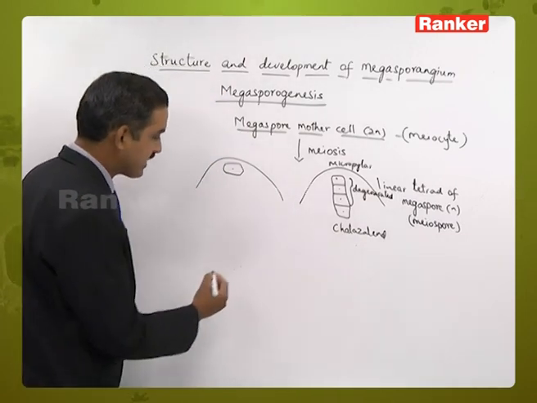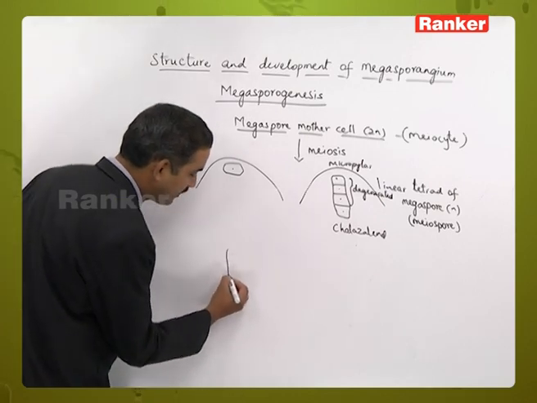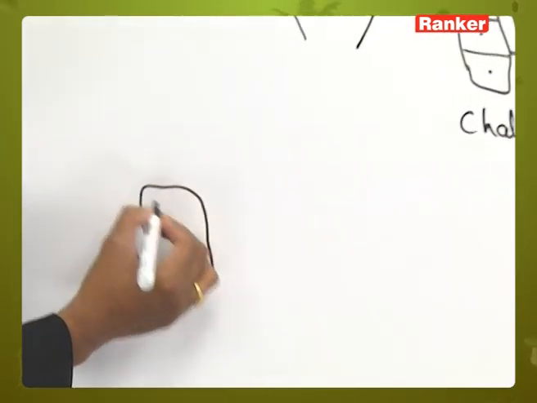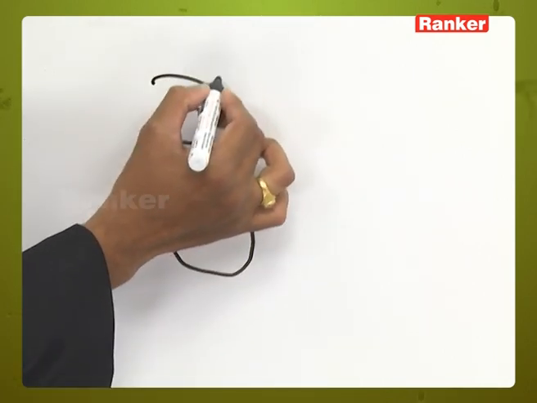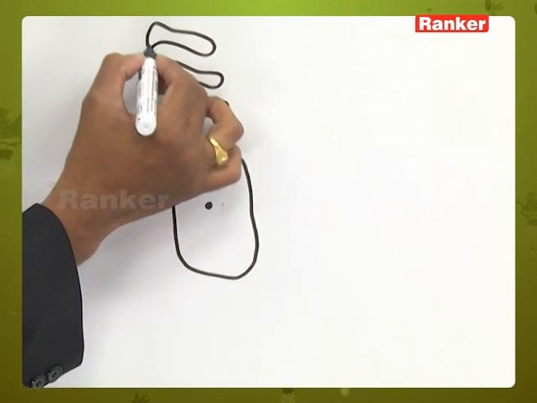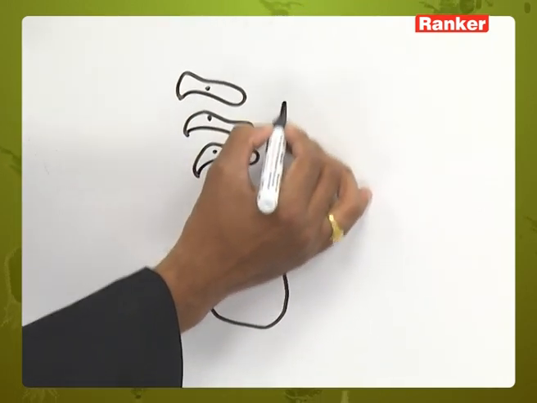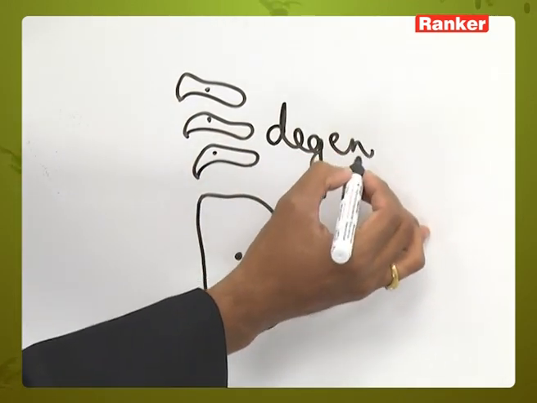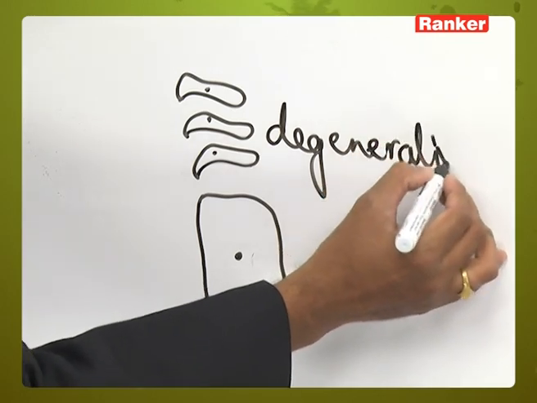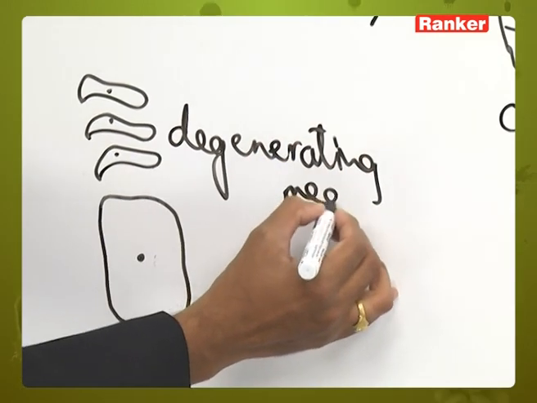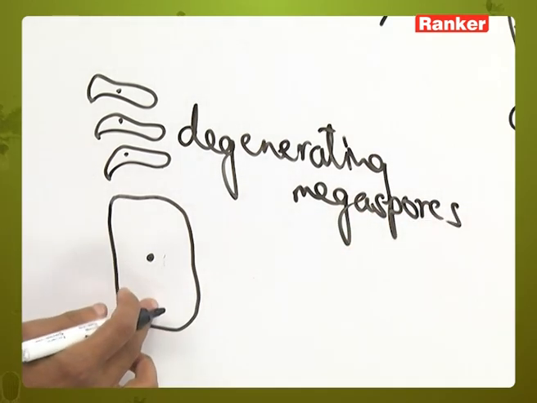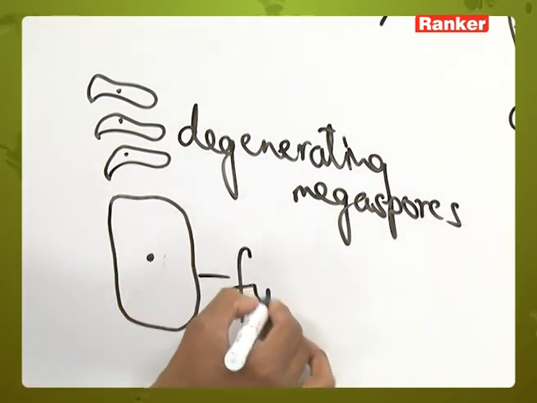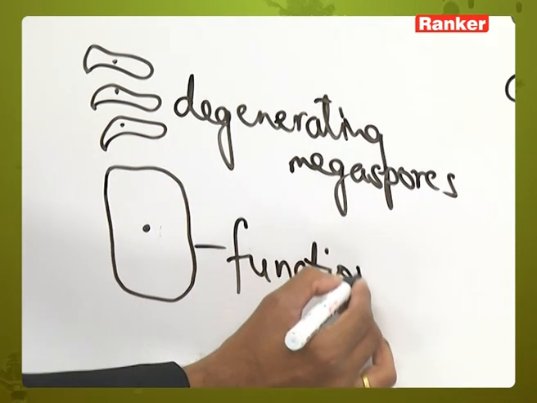That can be represented in the diagram where only one cell becomes larger, towards the chalazal end, and on the upper side we can see 3 small cell-like structures which are the degenerating megaspores, and the one towards the chalazal end is the functional megaspore.